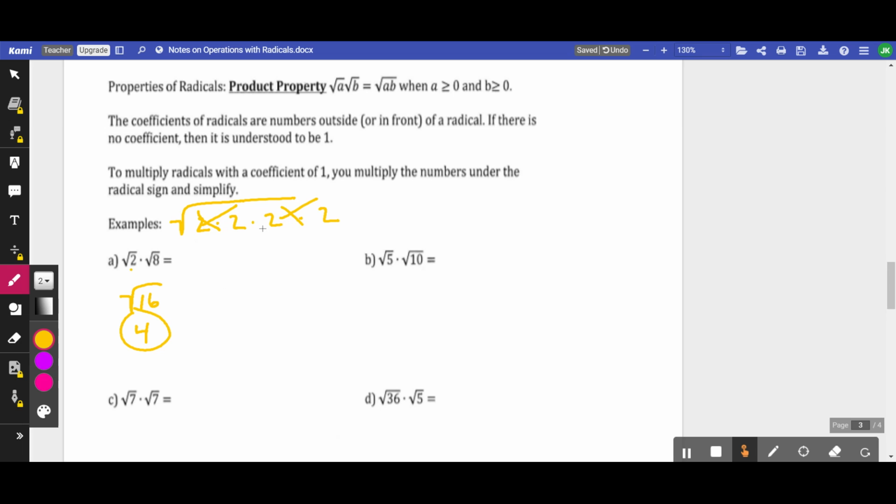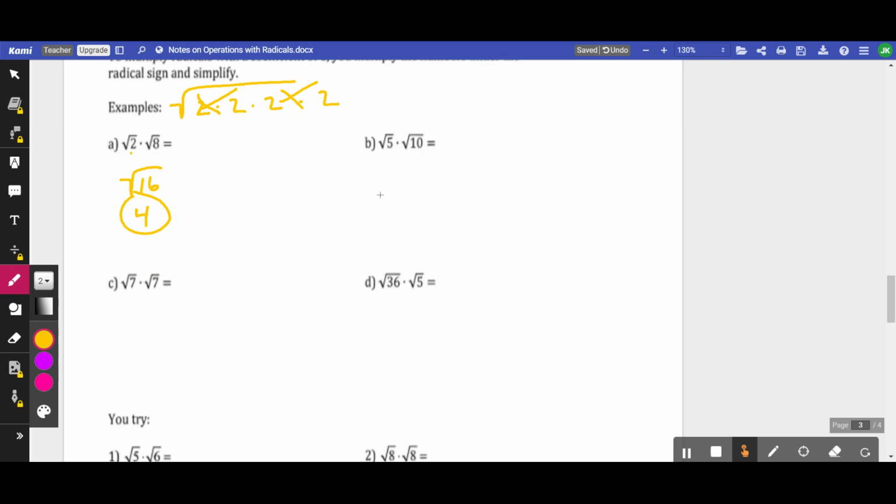And then for this next one, you can multiply the numbers outside and then the numbers inside. So this would be 1 square root of 50, or just square root of 50 is how I'll write it. You'll need to check and make sure the radicals simplify though here. Because for this one, you'll write out the prime factorization for the 50 because it's not a perfect square.